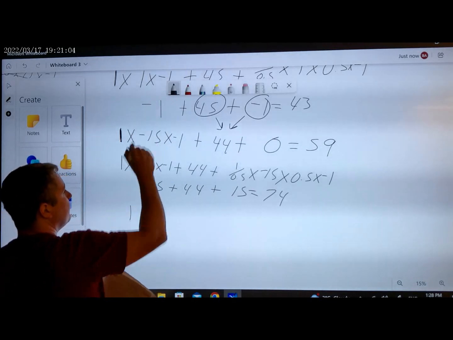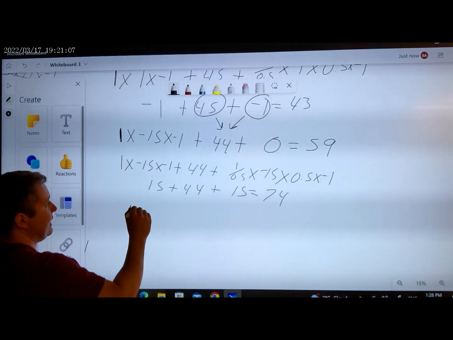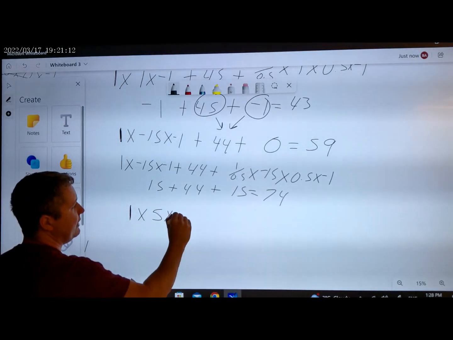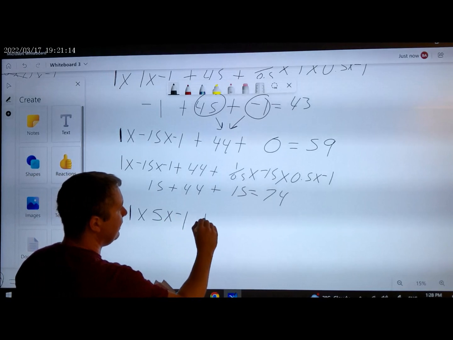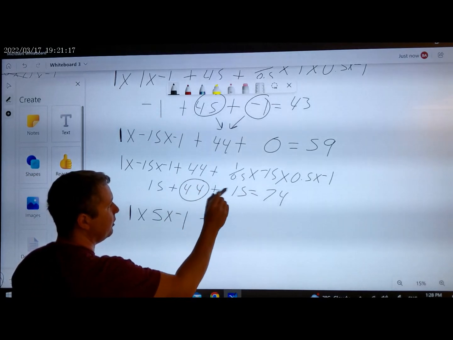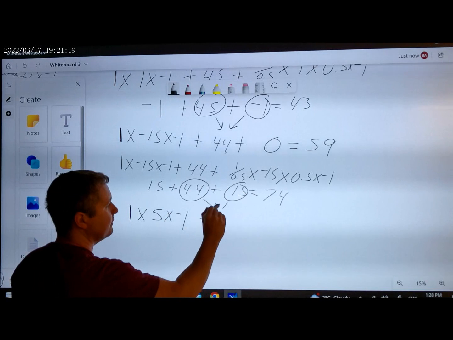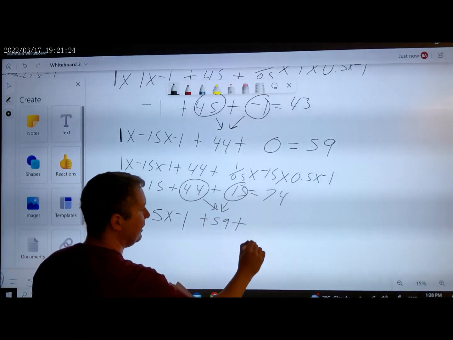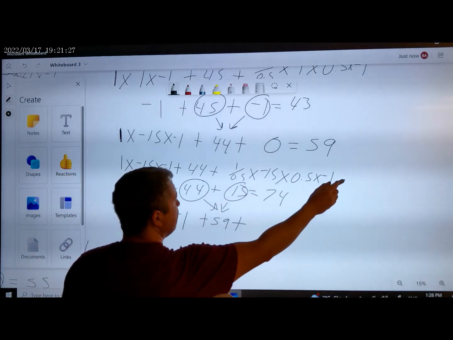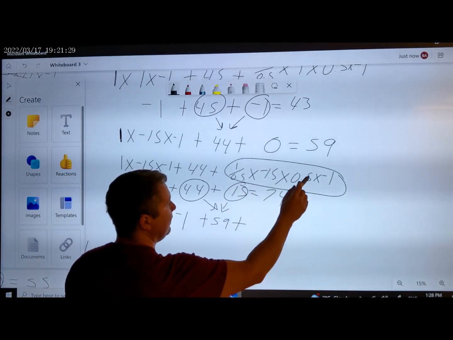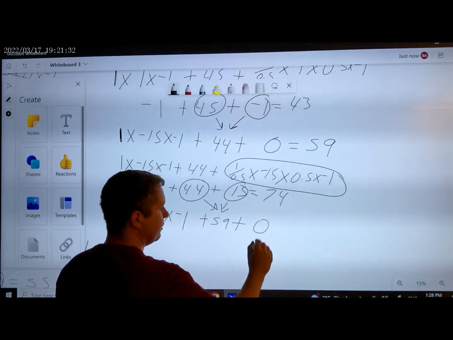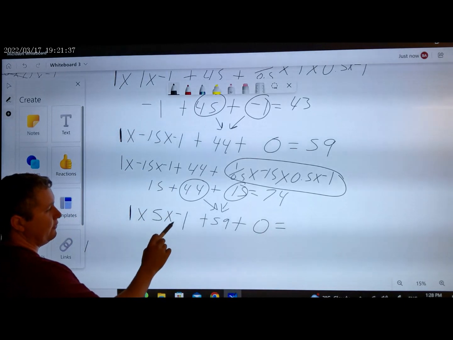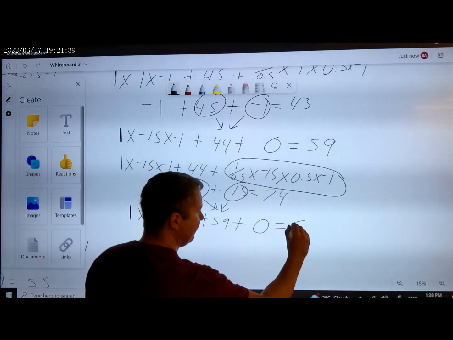So our process gain is 1 times our new error of 5 times minus 1 for reverse acting plus our 44 and 15, which is going to be 59, plus this same equation, but our time is now 0, so it's going to be 0, which equals minus 5 plus 59, which is 54.